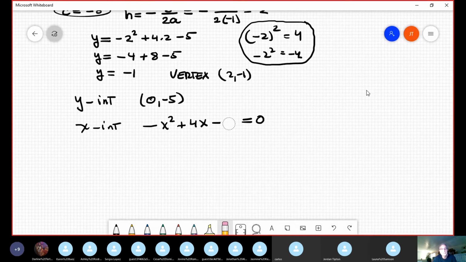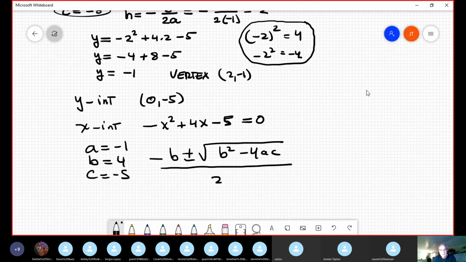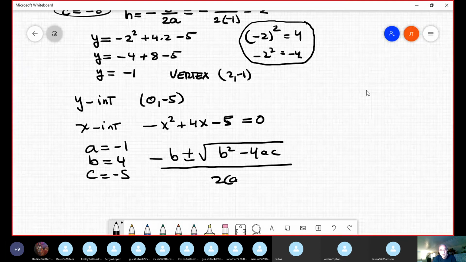Remember, a is -1, b is positive 4, c is negative 5. What is the formula? Minus b plus or minus the square root of b squared minus 4ac, divided by 2a, 2 times a.